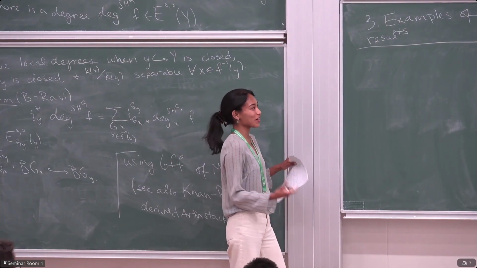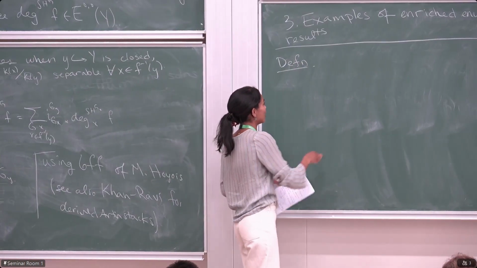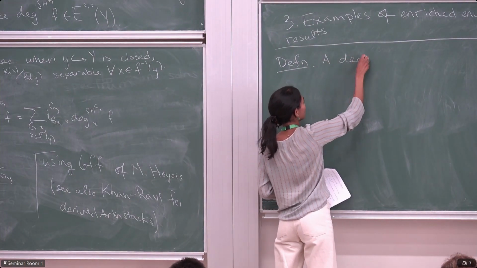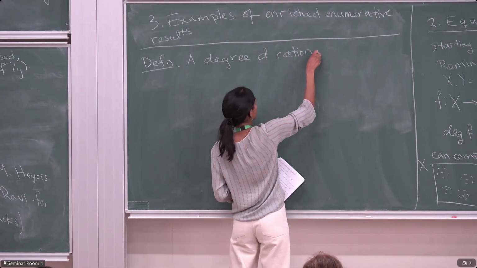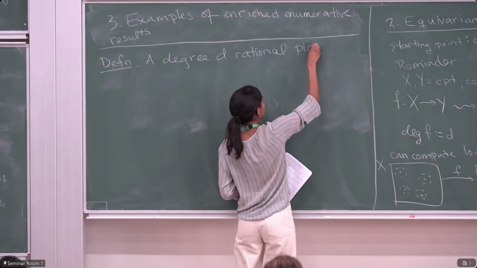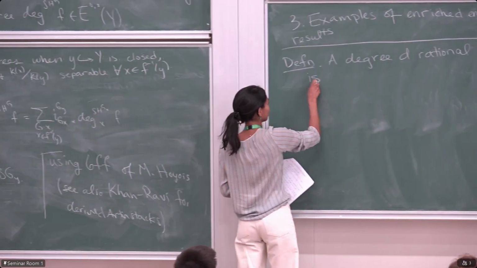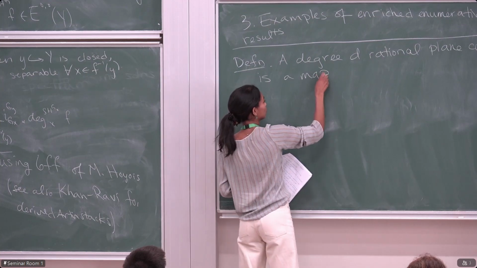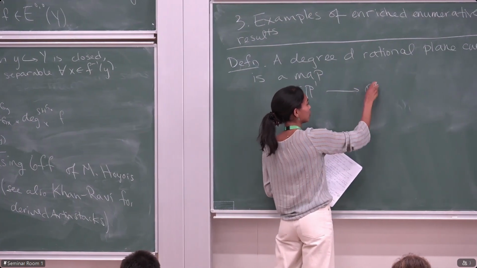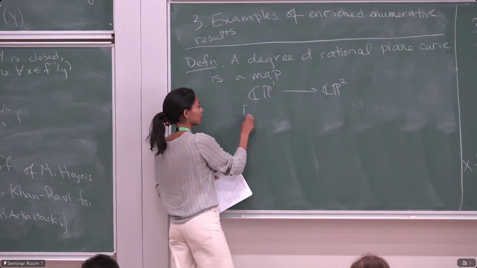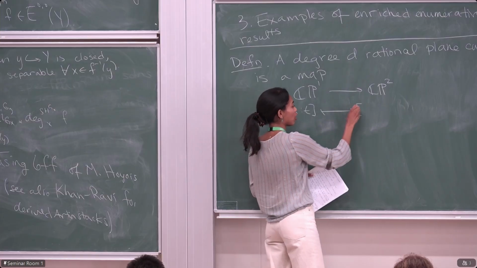Again, I realize this is an algebraic topology meeting. A degree d rational plane curve is a map from P1 to P2 given by evaluating some point on homogeneous degree d polynomials.